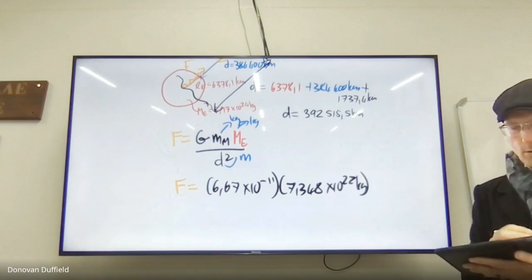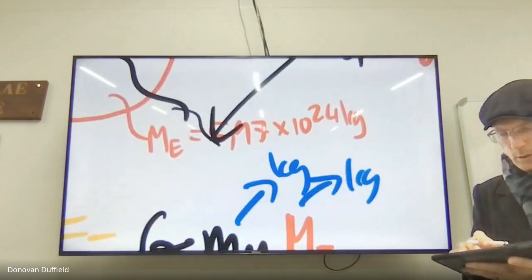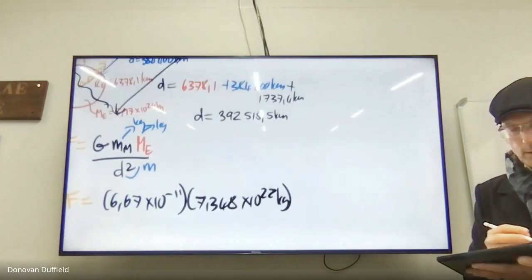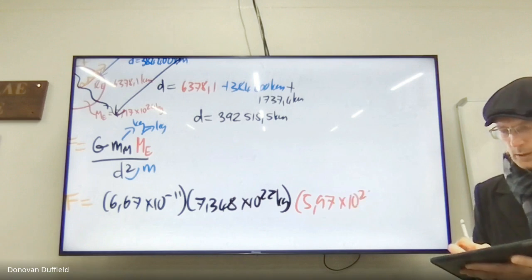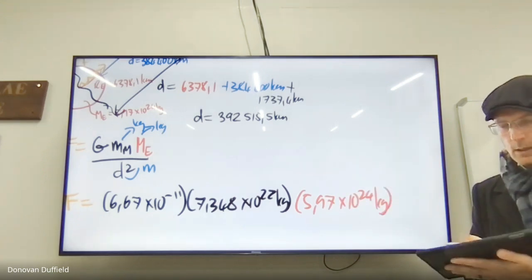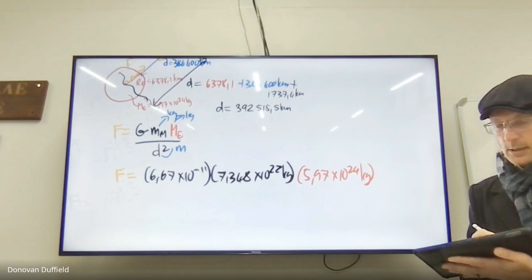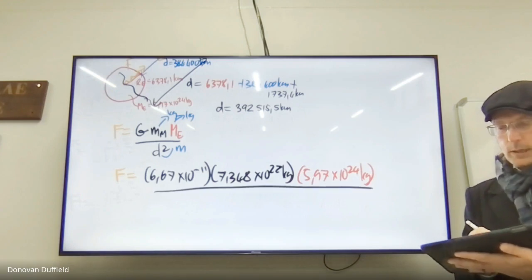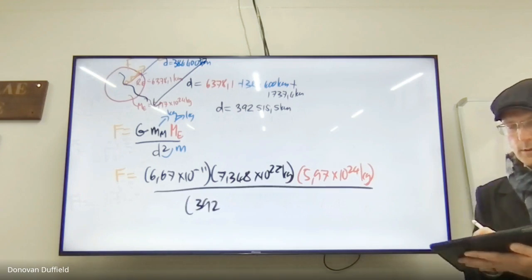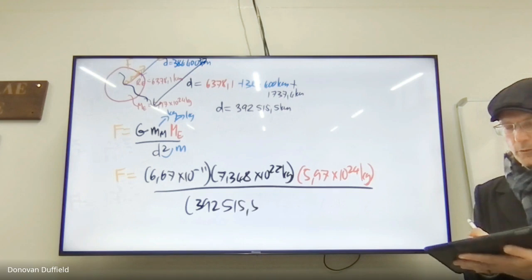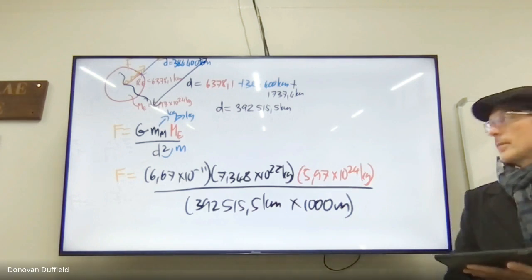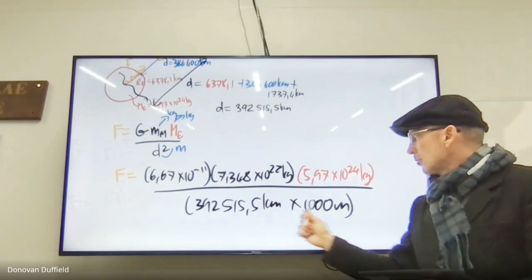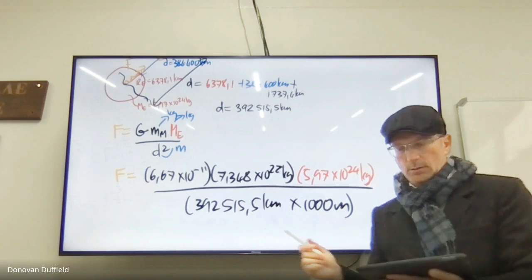The mass of the earth, we said, was 5,97 times 10 to the 24 kilograms, over the distance squared. Now the distance is big, eh? It's 392,515,5 kilometers times 1,000 meters per kilometer. So to have it in meters, you actually have to multiply by 1,000.